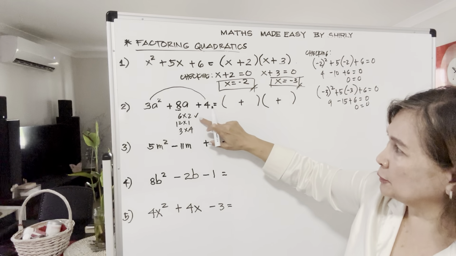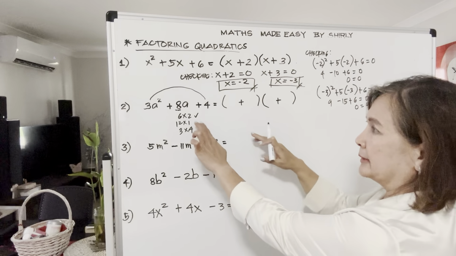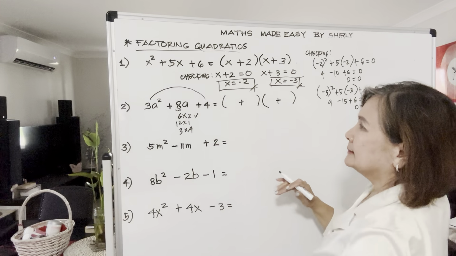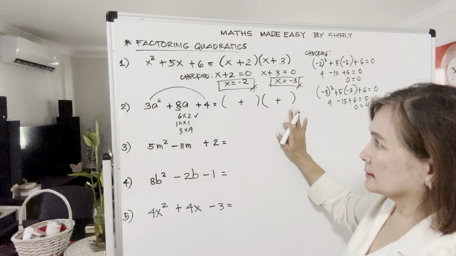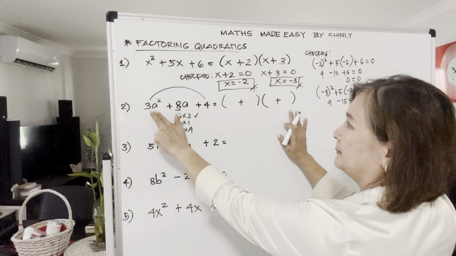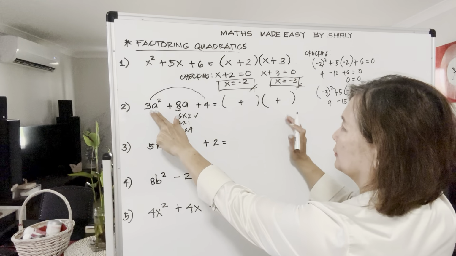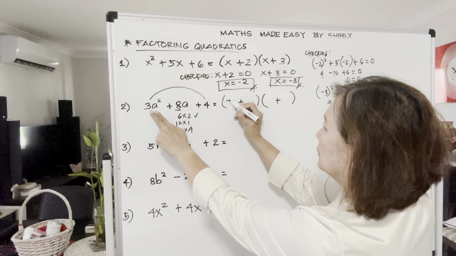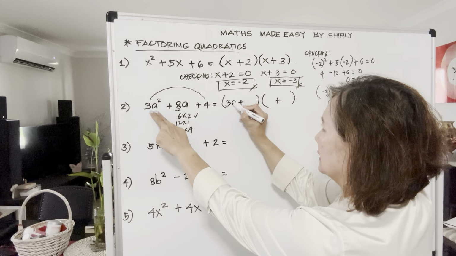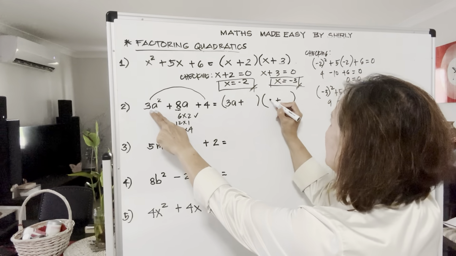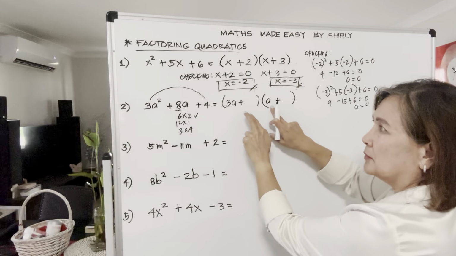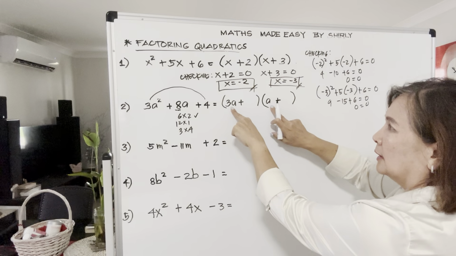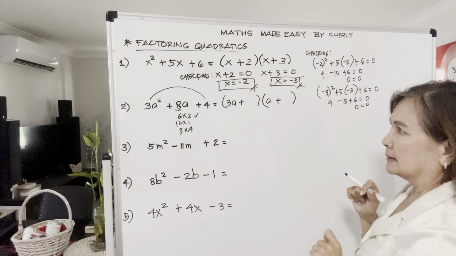So we need to use this first pair. Let us now apply that in our binomials. The first term is 3a squared, which we can factor as 3a and a. So that comes as both first terms of the binomials.